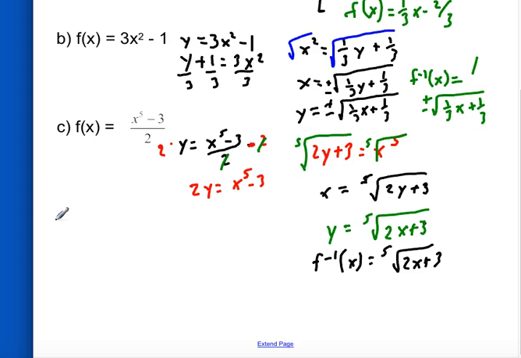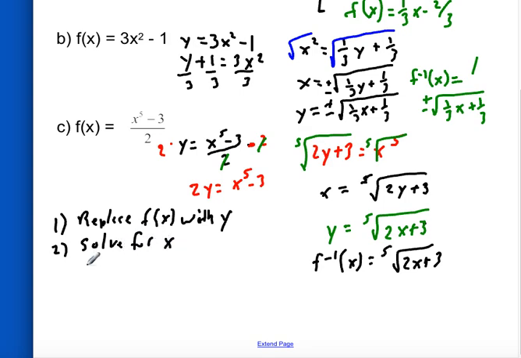So if you kind of want to know what the steps are, you want to go ahead and replace f of x with y. Second step, you want to solve for x. Third step, once you get an x equals, then you want to switch x and y.